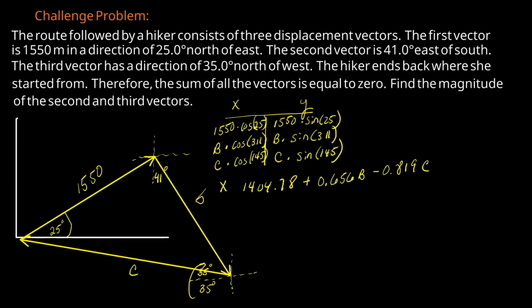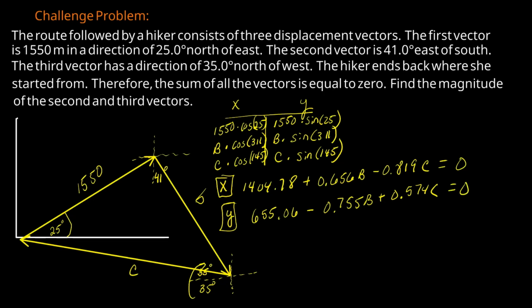These are the x values. The y values will be minus 0.755 B's plus 0.574 C's. And all these are going to equal 0.